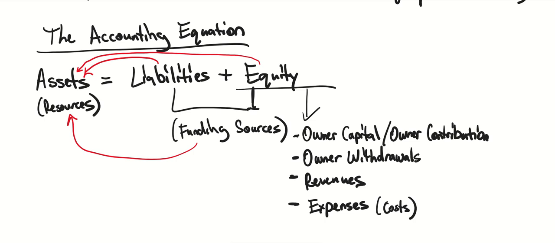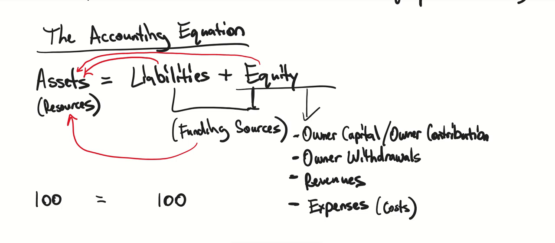Now, when it comes to this accounting equation, assets equals liabilities plus equity, this equation must balance. So if you see $100 on the left side of the equation, which is the assets, $100 need to also be shown on the liabilities plus equity side as well.